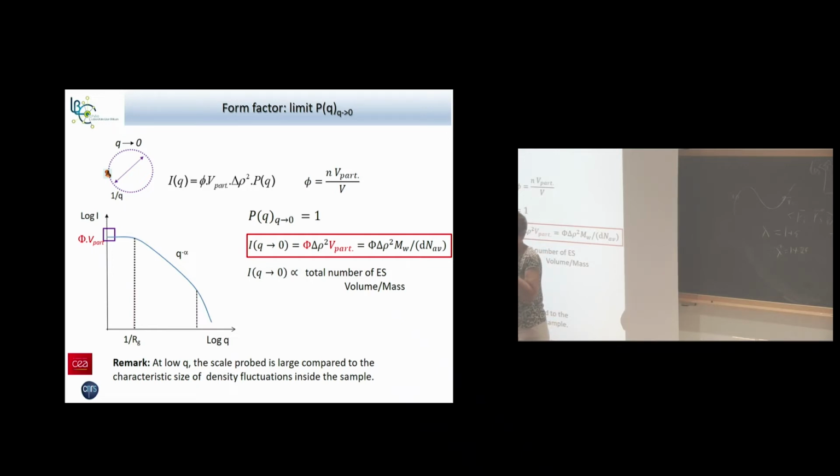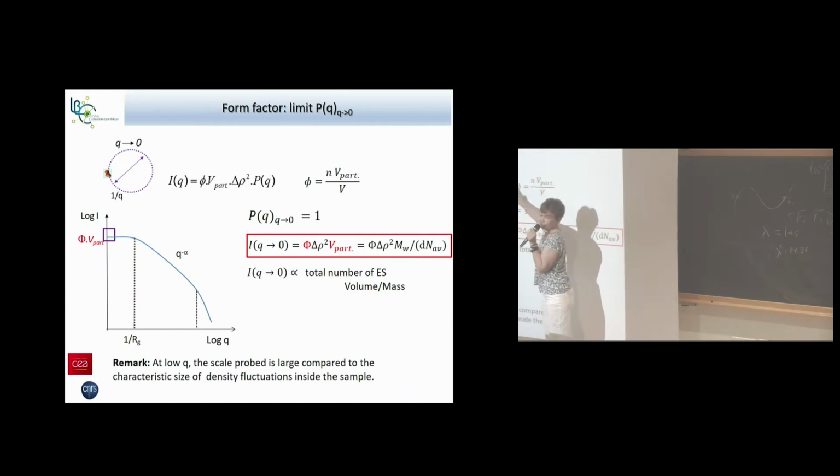If you want to know how people are organized in a room, what is important is their volume, not their weight. So it's the volume fraction times the volume of the particles that we are looking at, the contrast, and the form factor.